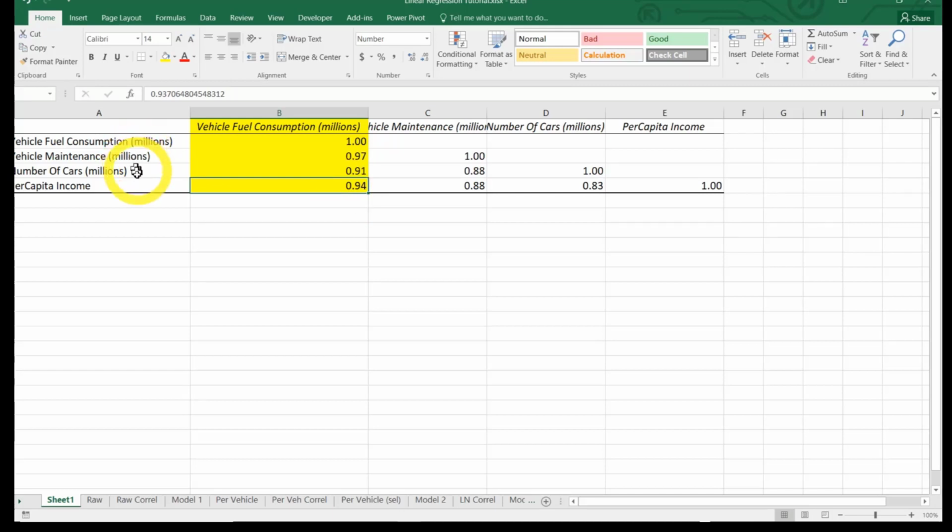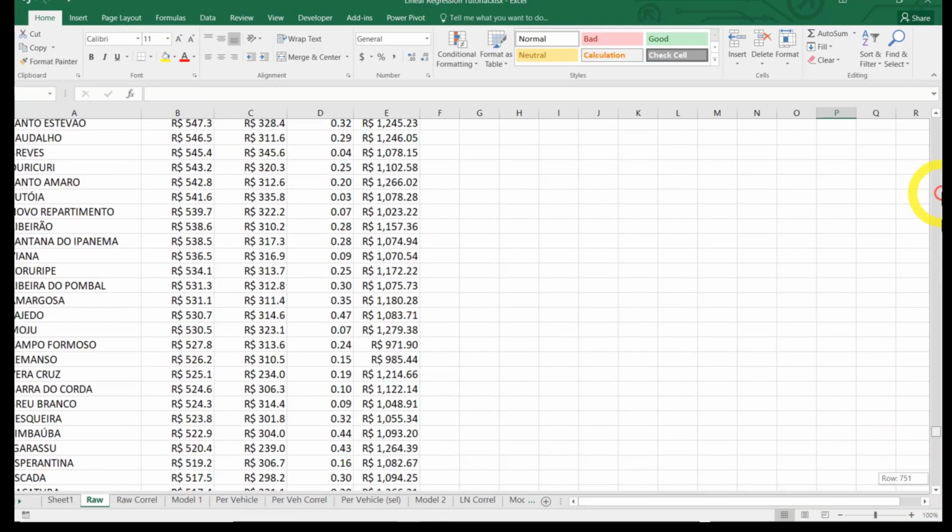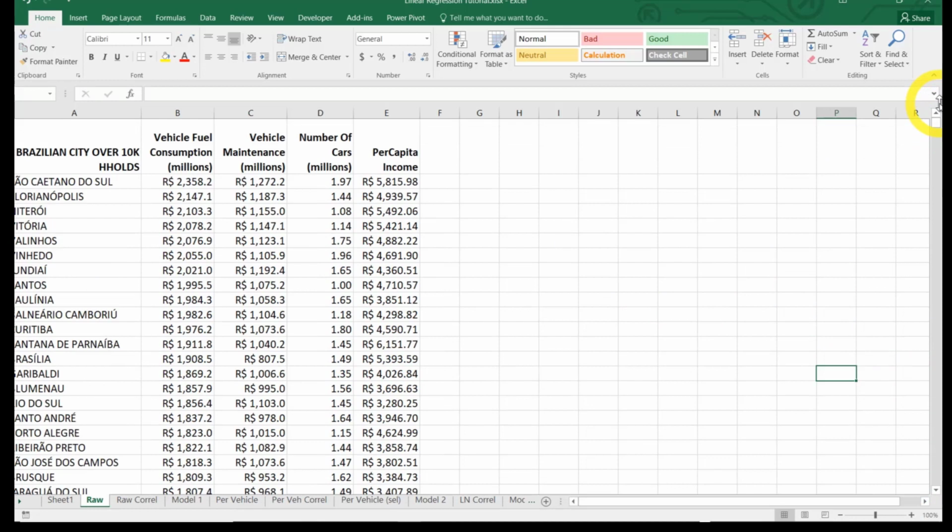Maybe we can combine the information from vehicle maintenance, number of cars, and per capita income to calculate a prediction or an estimate for the fuel consumption in each city. And that's what a linear regression does. So what a linear regression is going to do is to weight each one of the variables.